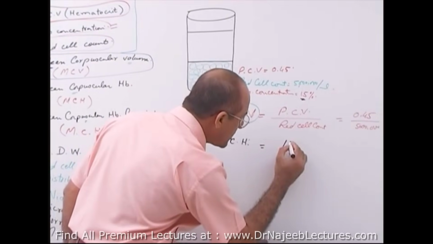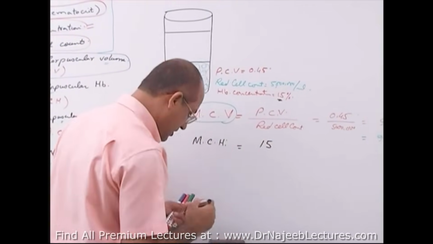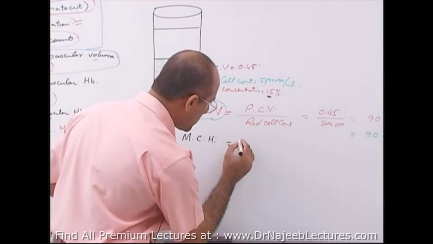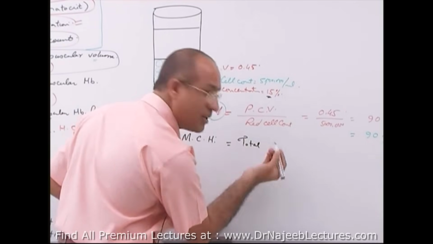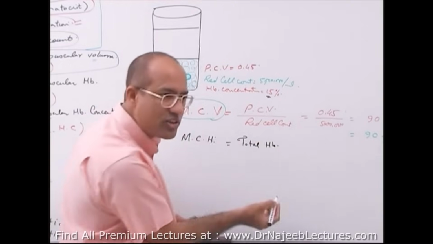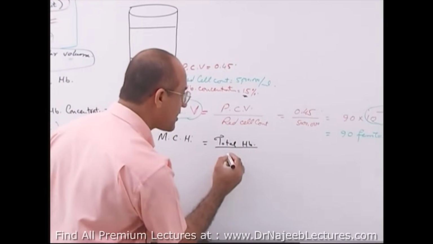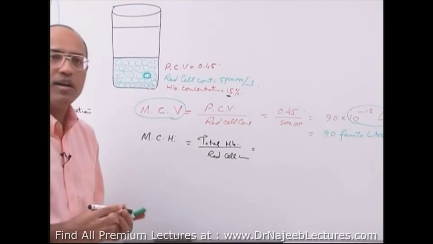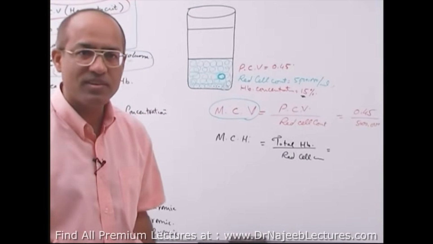So total hemoglobin in a given volume, that is hemoglobin concentration, divided by red cell count, and you will get the amount of hemoglobin per RBC. Is it difficult?